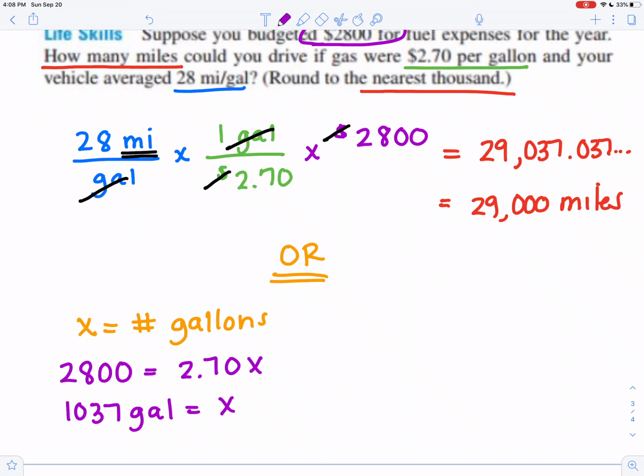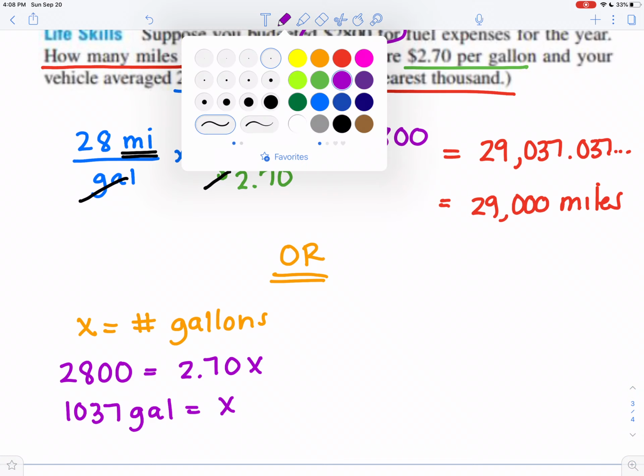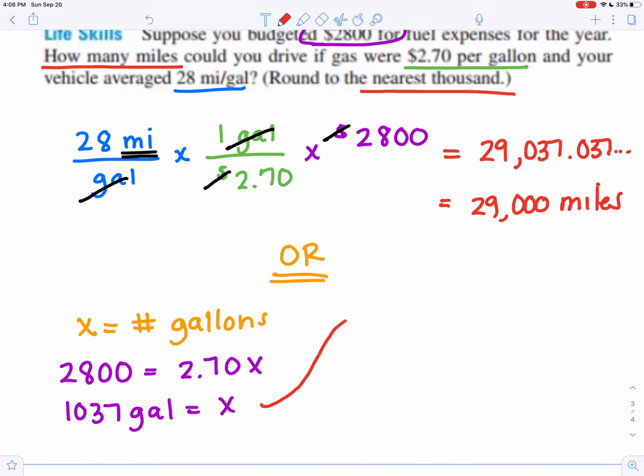So now what I'm going to do is look at the gas mileage on my car, and figure out how far I could go if I could purchase 1,037 gallons of gas.